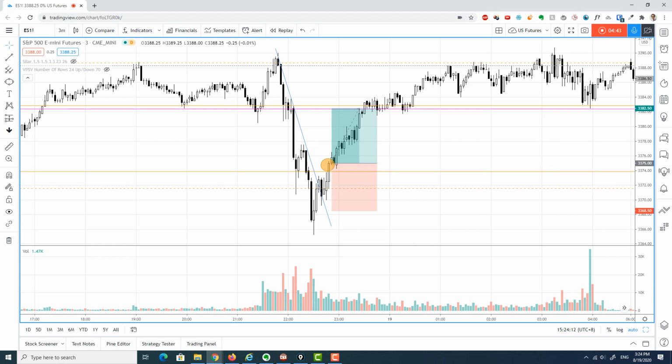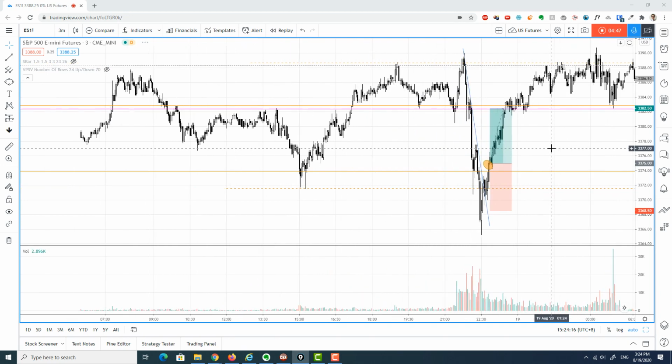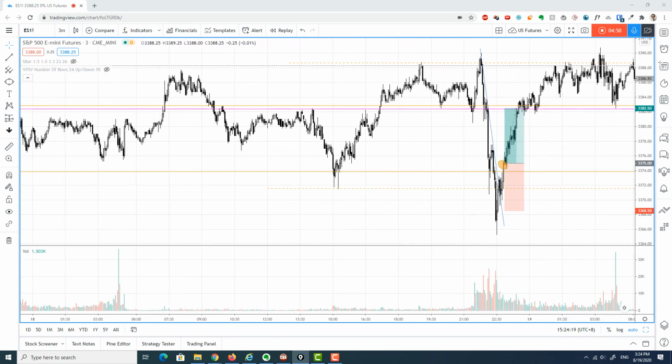First of all, let me give you a bit of the context of the market. One of the obvious levels is this 3380 or 82. We can see that previously it was a support level.